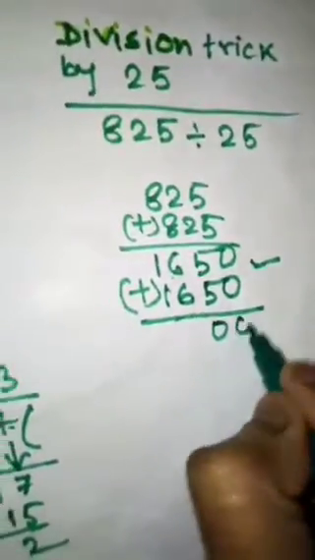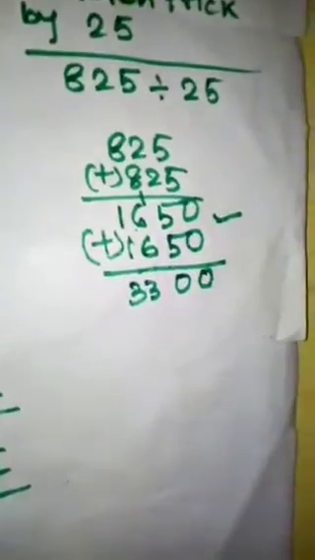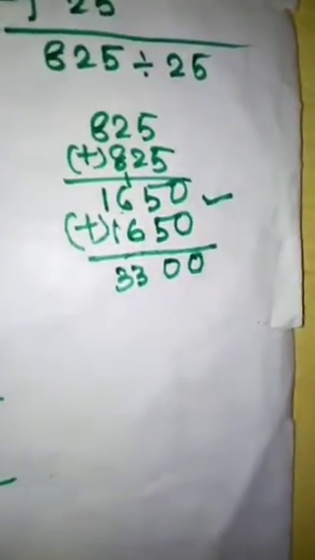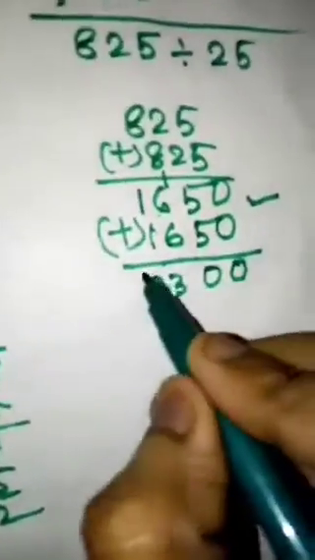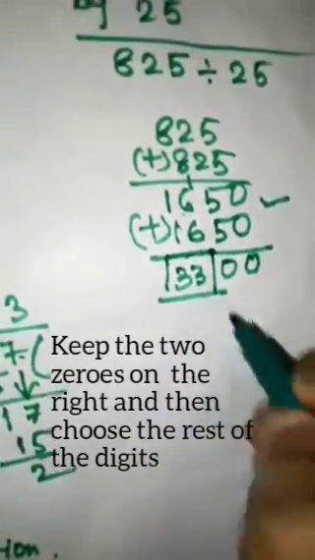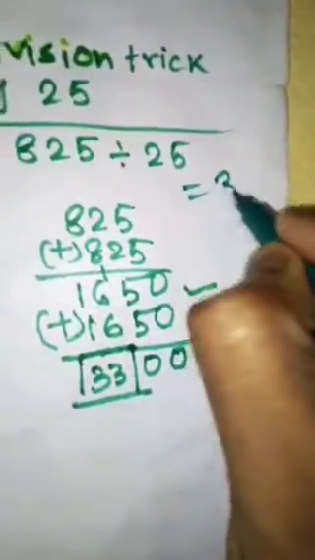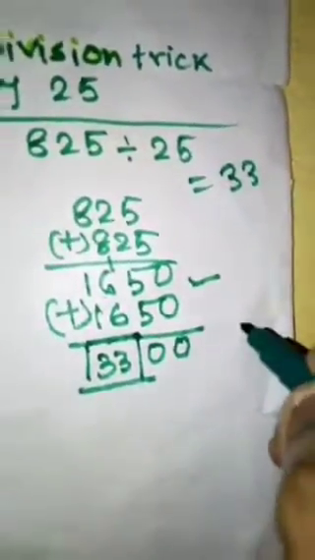After adding you get 33, then 2 zeros, that means 3300. You just separate out these 2 zeros, that means 33, and you write your answer here, that when you divide 825 by 25 you get 33.